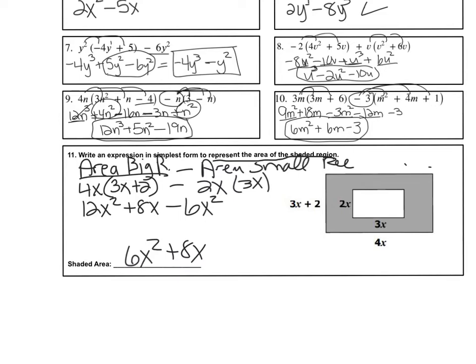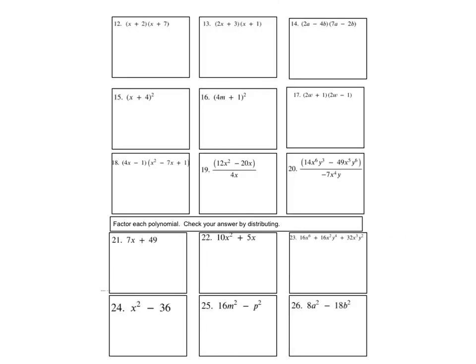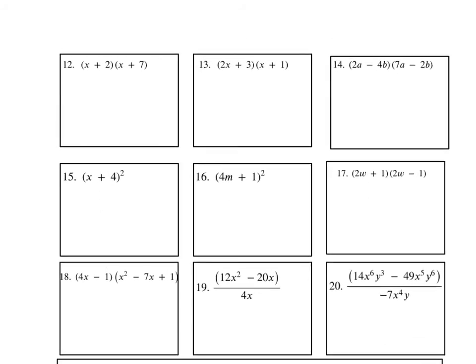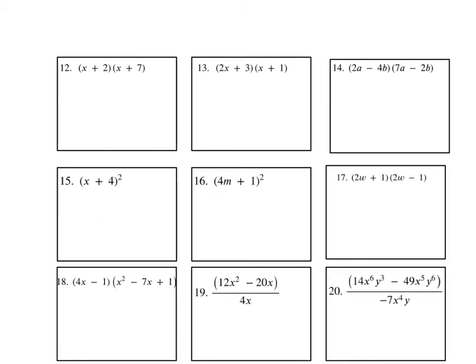All right, let's go to the next. Here we're multiplying binomials, 12, 13, and 14, and you're going to be distributing. You distribute first times first, first times last, inside times inside, and then you'll multiply your last terms.